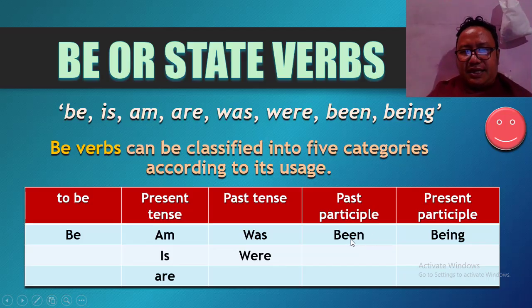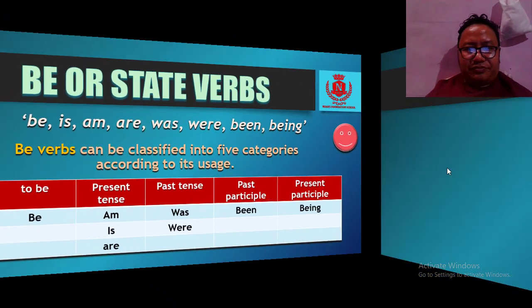And been, B-E-E-N, is a past participle. And being, B-E-I-N-G, is a present participle. Remember that.